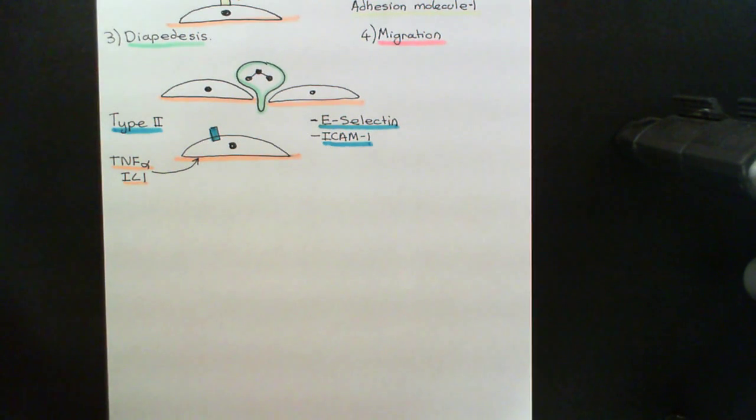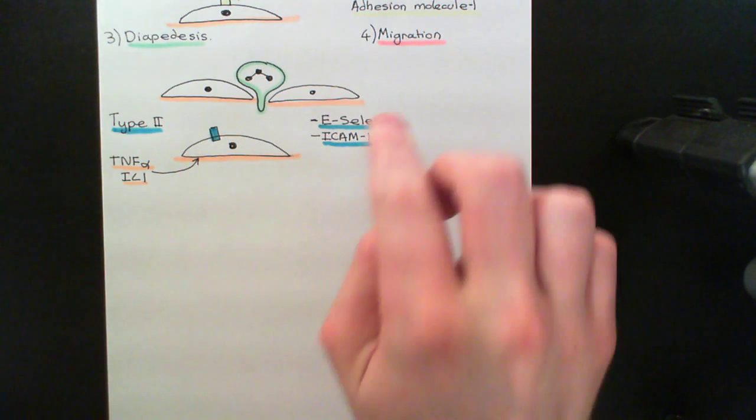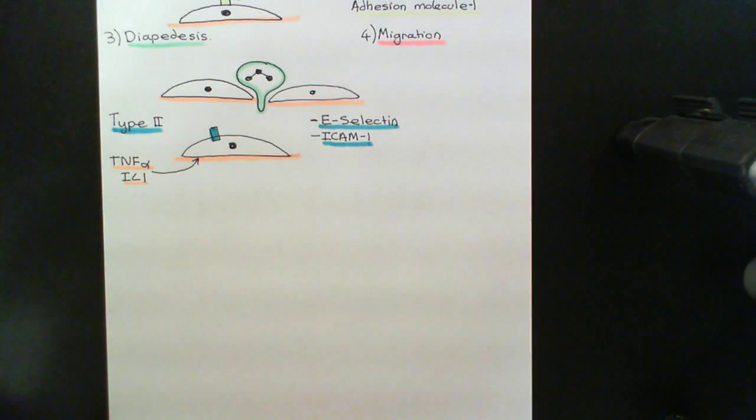So hopefully you can completely understand why putting lots of E-selectin and lots of ICAM1 molecules on the apical surface of the endothelial cells is going to help with neutrophil extravasation. This is going to increase rolling of neutrophils, therefore we'll get more neutrophils slowing down. ICAM1 being bumped up is going to increase the amount of tight adhesion between endothelial cells and neutrophils, and therefore we'll get more diapedesis, more neutrophils recruited into the tissue fluid.